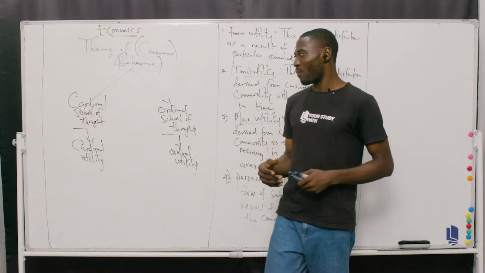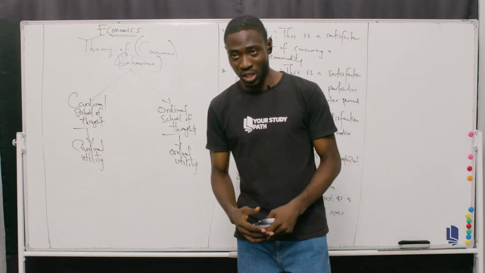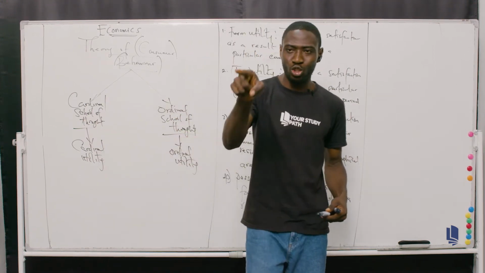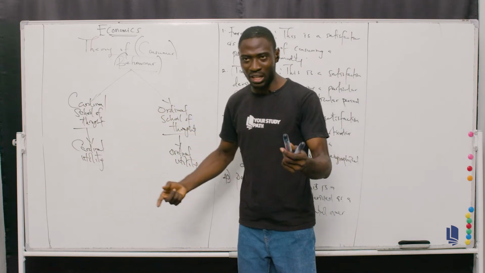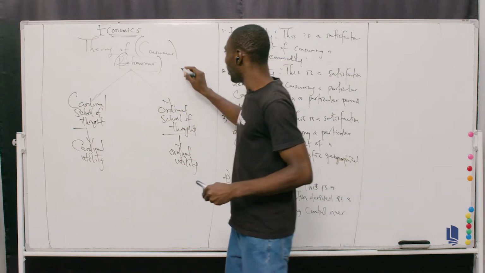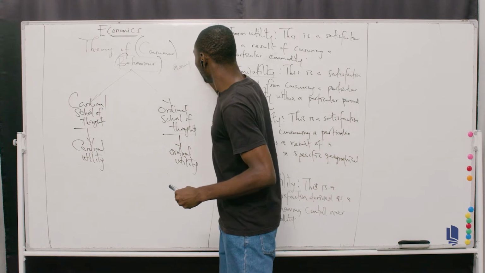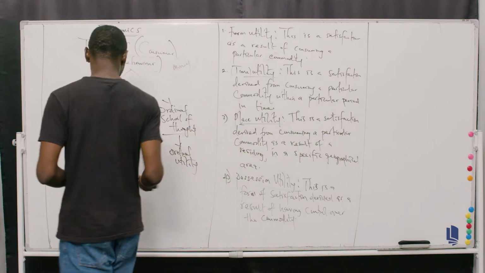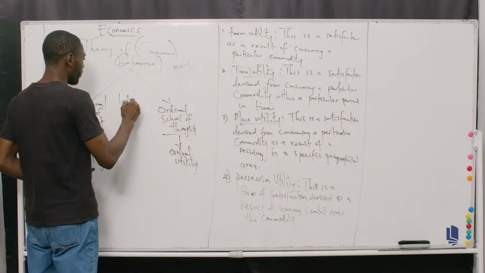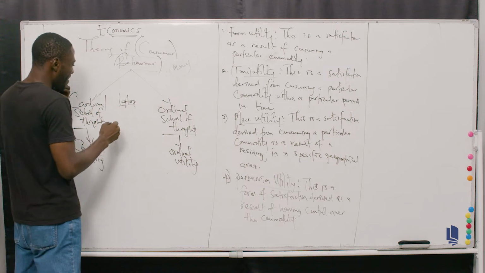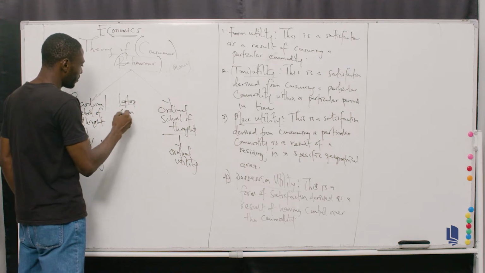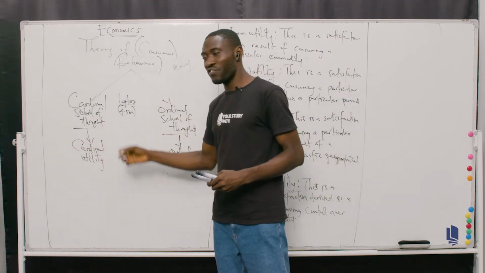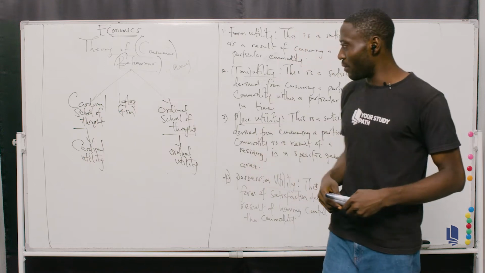Now, let's see whether it is true. One of the items they use to measure your utility in numerical terms is money spent. For instance, you bought a laptop of 4.5 million naira.